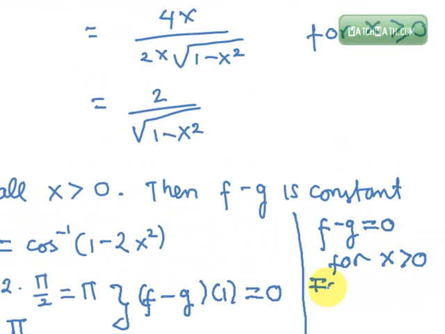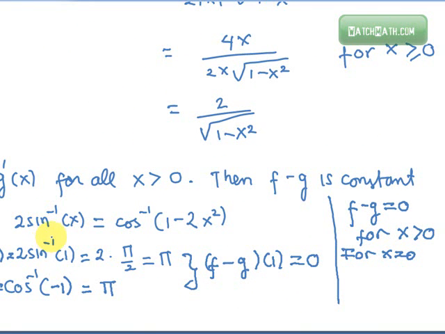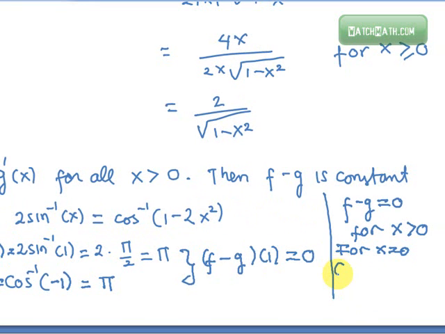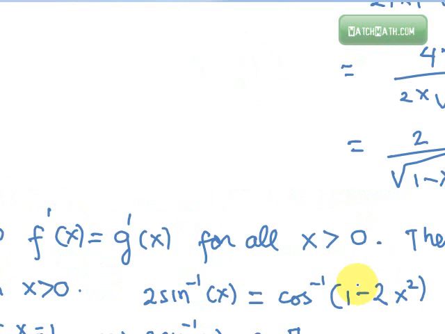For x equals 0, the left hand side is 2 arc sine 0, which is 0, and the right hand side, if we plug in x equals 0, is arc cosine of 1, which is also 0.